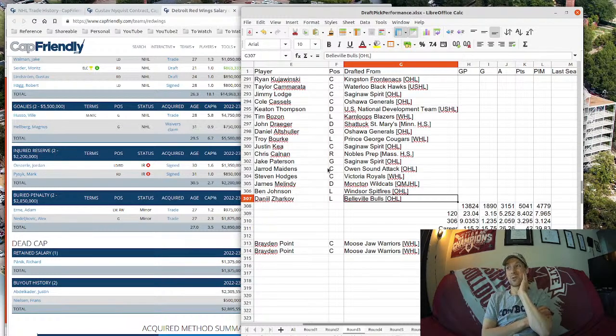So the only real reason you would want to have draft picks is if you're good at targeting players. So if your success rate is greater than average, and preferably you'd want it to be substantially better than normal.